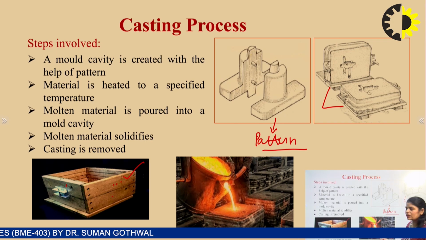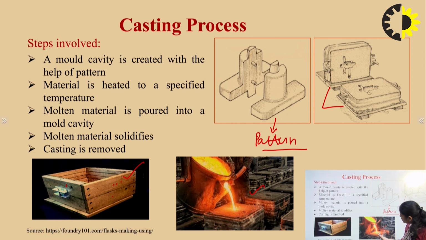After the cavities are created, in this diagram you can see that the molten metal is poured into these mold cavities with the help of a passage. The cavities filled with this molten metal are allowed to solidify, and after that these solidified parts are ejected from these molds.